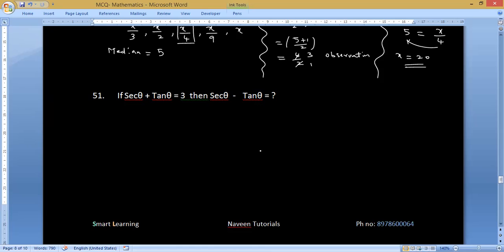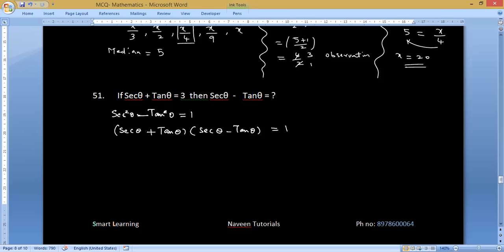So moving to the next question. If secant theta plus tan theta equals 3, find secant theta minus tan theta. We have the identity secant square theta minus tan square theta is equal to 1. This is in the form of a square minus b square, so I can write (secant theta plus tan theta) into (secant theta minus tan theta) is equal to 1.